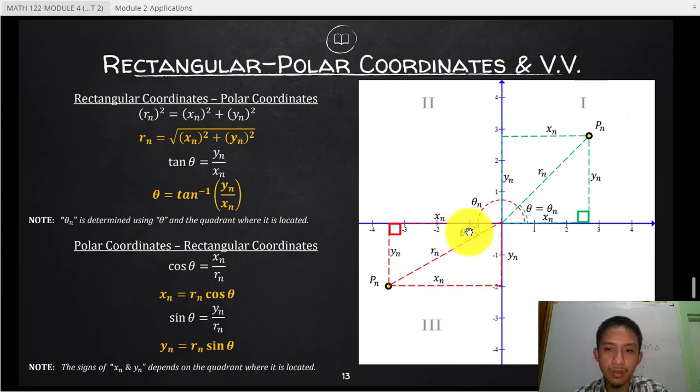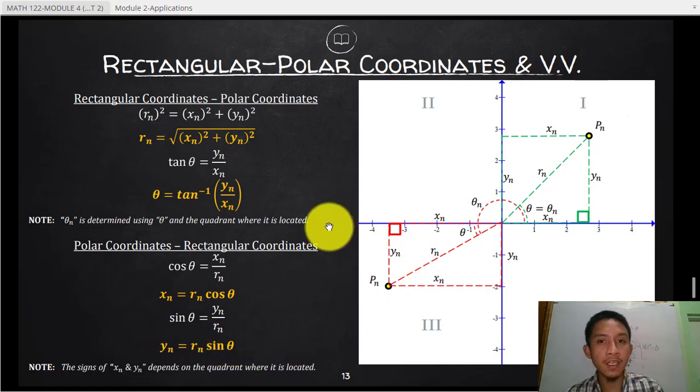So in the first place you need to know your theta. Then you want to get x sub n, that is still adjacent of the angle. This is still the radius, which is the hypotenuse, so that will still be x n over r n. Cross multiply is still r cos theta. Y is still r sine theta. Okay, so that is how we will convert polar to rectangular coordinates.